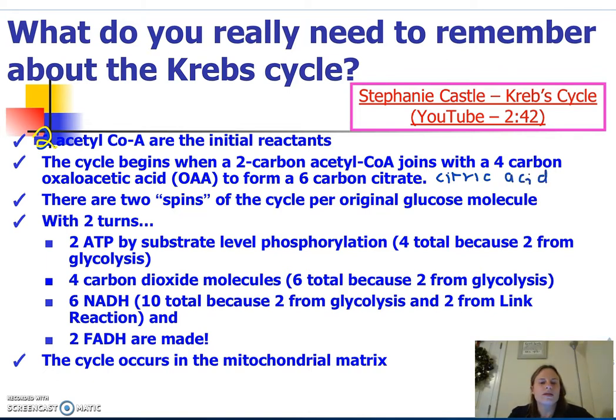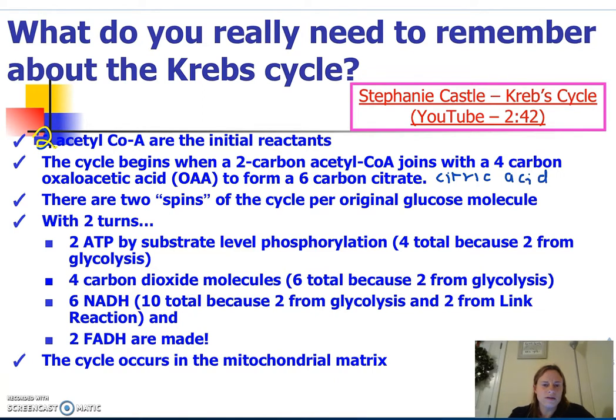Now, we need to remember that there are 2 spins of the cycle per original glucose molecule, because we end up with 2 pyruvates for each glucose, and each one of those pyruvates has to go through this cycle.